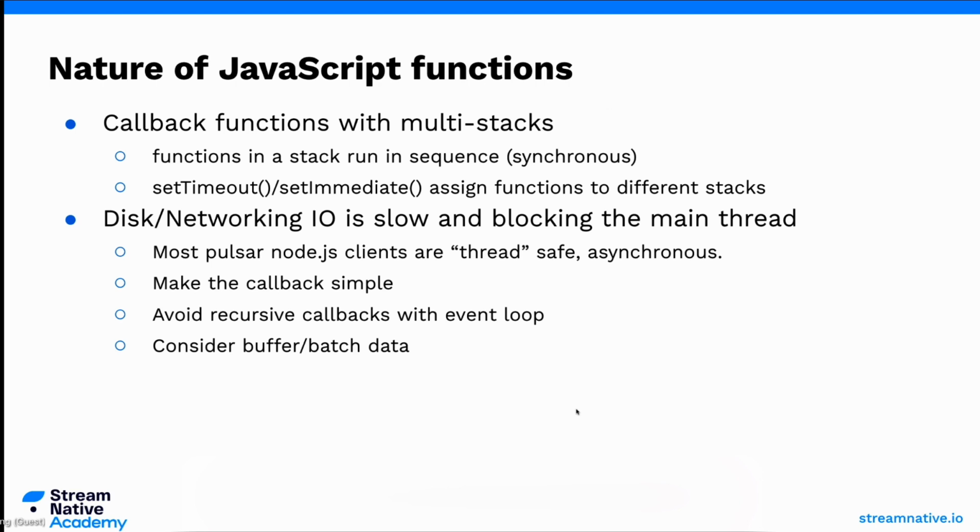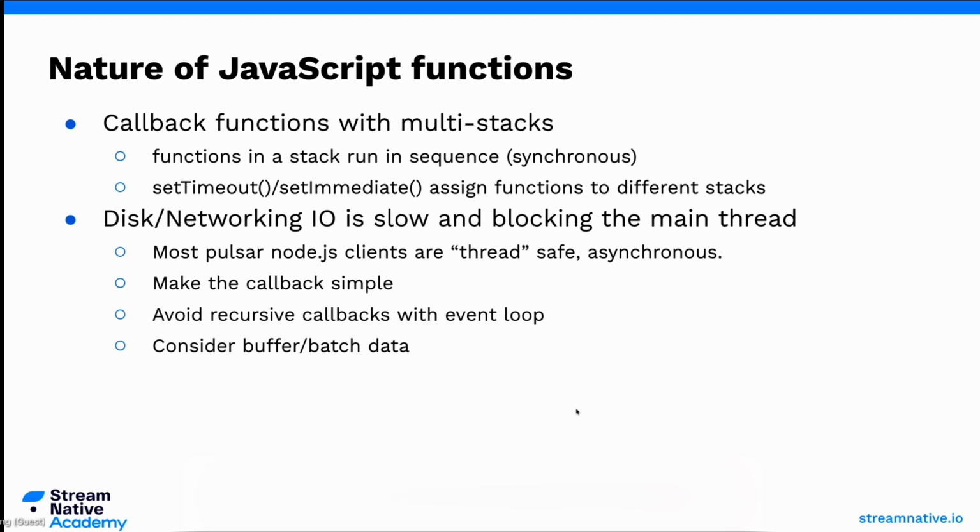And also, native JavaScript is from the browser, right? So the browser engine embedded JavaScript. The browser in the beginning was very CPU limited. So it was designed for single thread, and a lot of network and disk I/O is very slow, and it will block your browser activity, right?